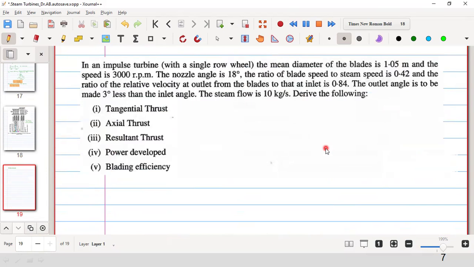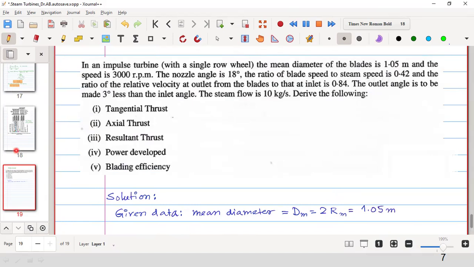So let us write the given data. Mean diameter is given: d_m is equal to 2 times the mean radius, equal to 1.05 meter.